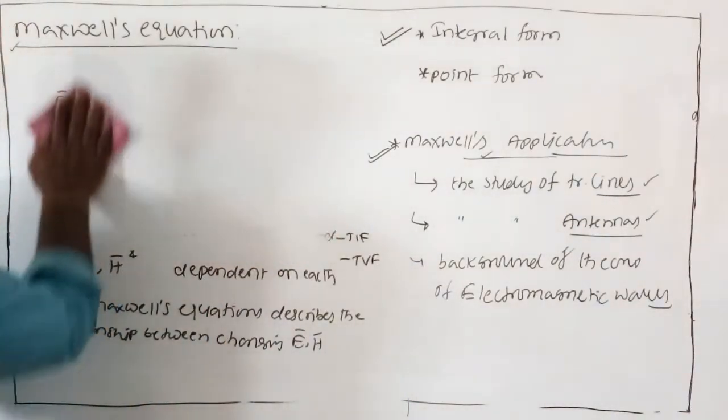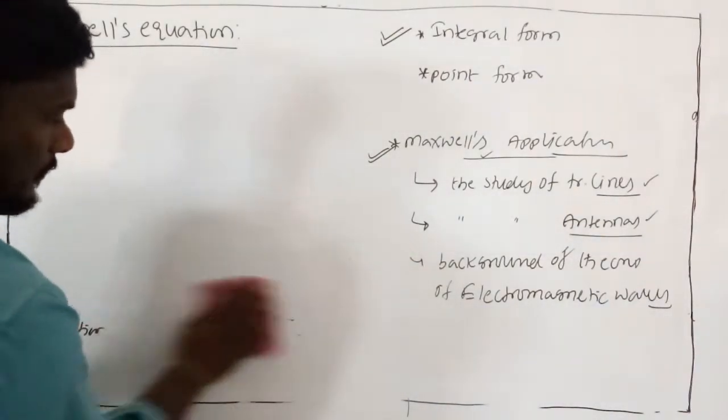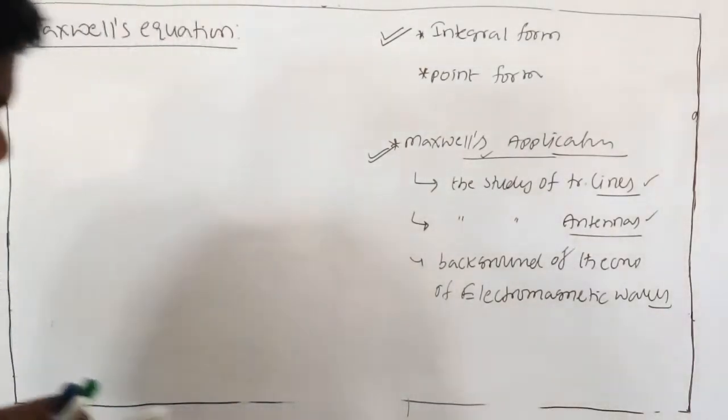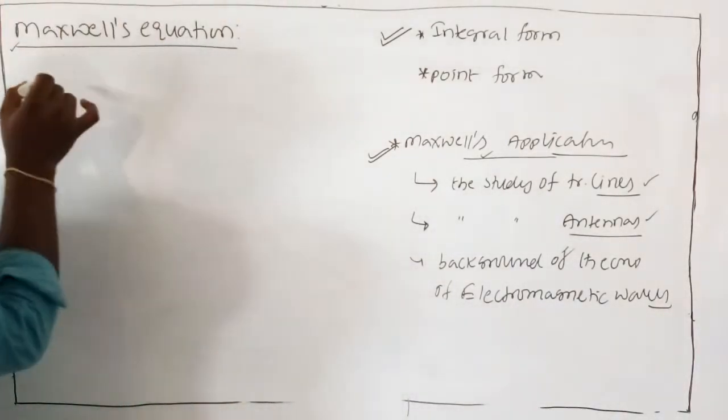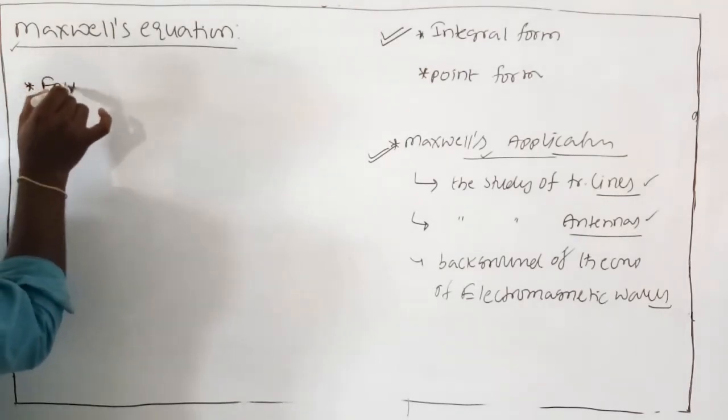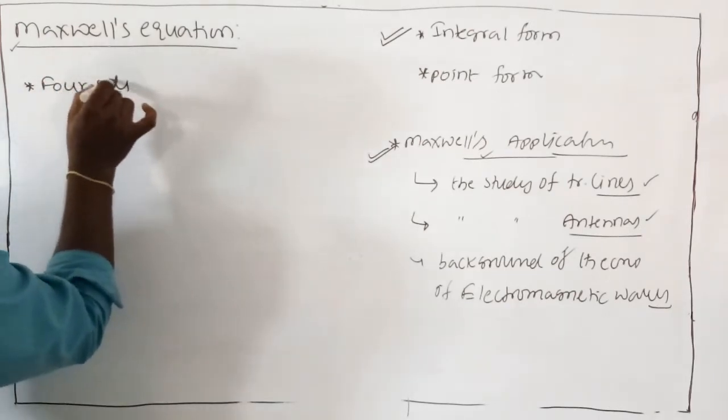Now, Maxwell's equations are actually 4 sets. What are those?